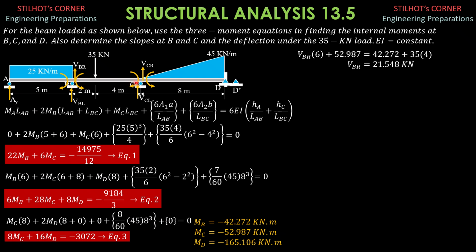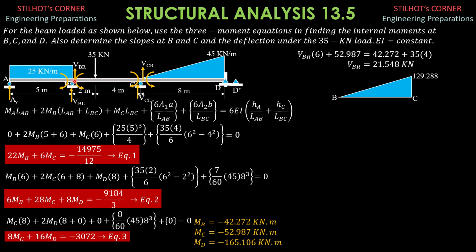So therefore, to solve for the slopes, we apply area moment. So we draw the moment diagram by parts for portion BC, and I choose C as the moment center. So 21.548 times 6, the value here is 129.288 kilonewton meter.